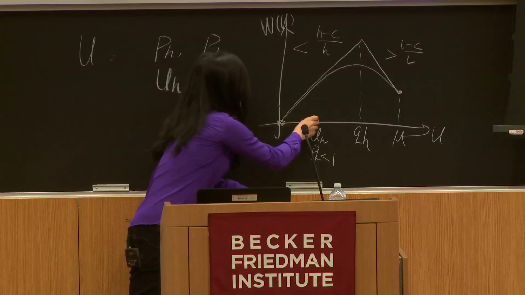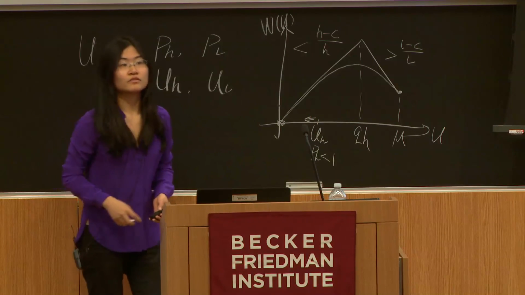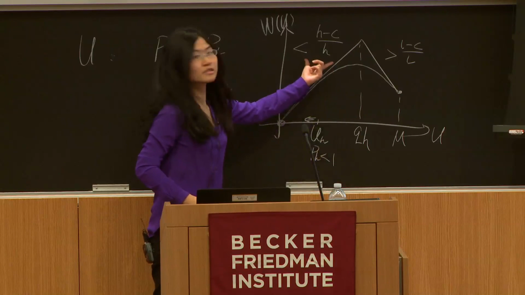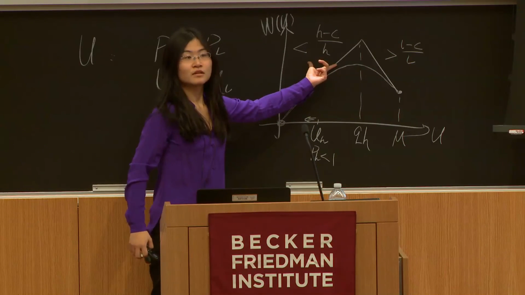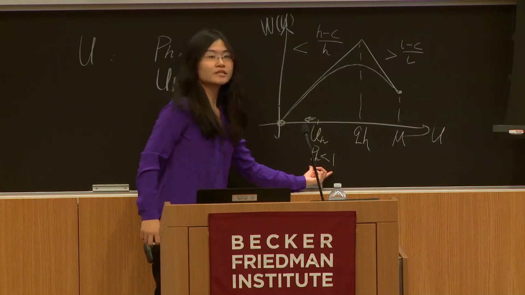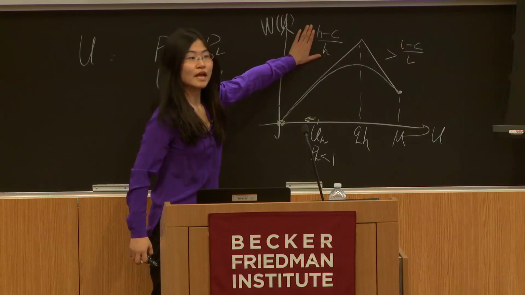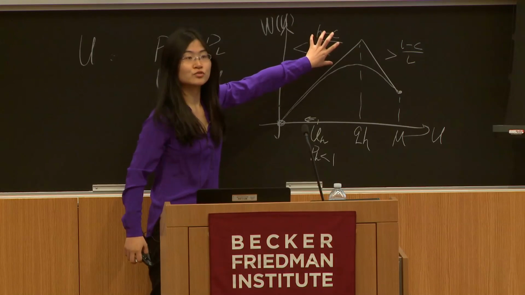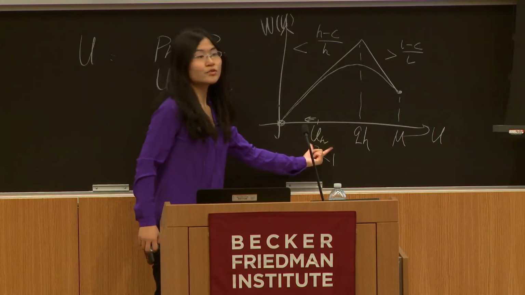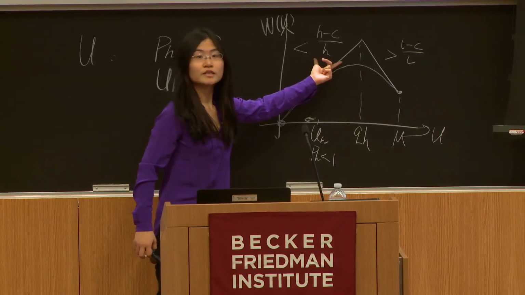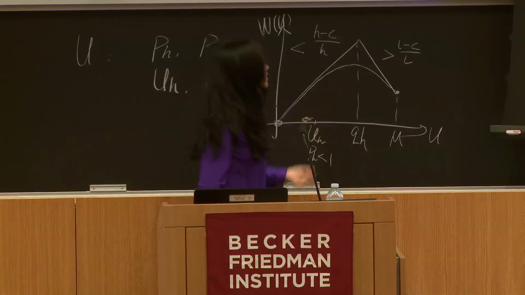But in this case, IC constraints are not violated, and the principal is better off because of these slope constraints. Okay, because by increasing pH, I get a payoff increase at the rate of h minus c over h. But by decreasing UH, my payoff is decreased at a rate that is bounded from above by h minus c over h.